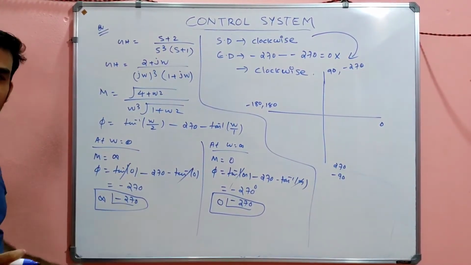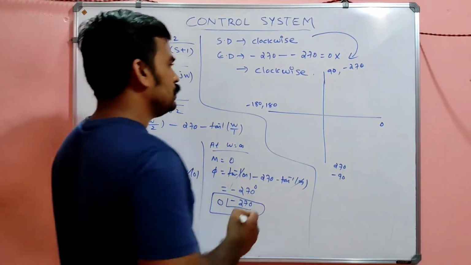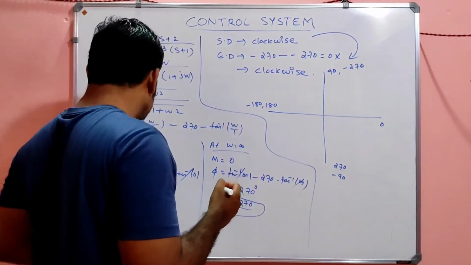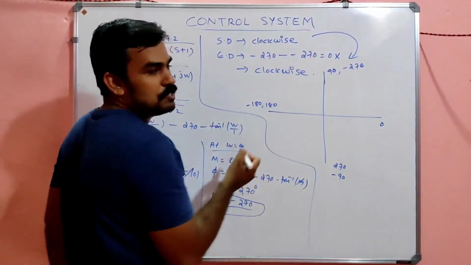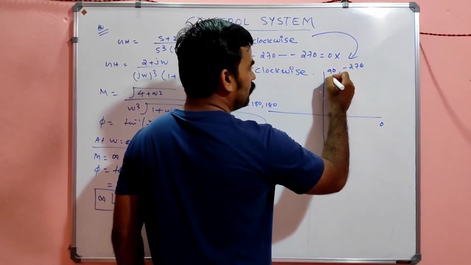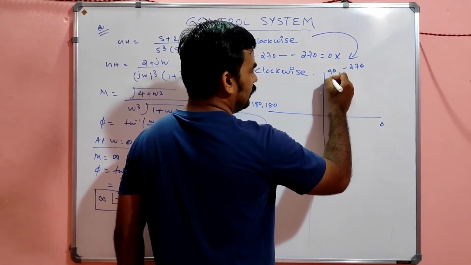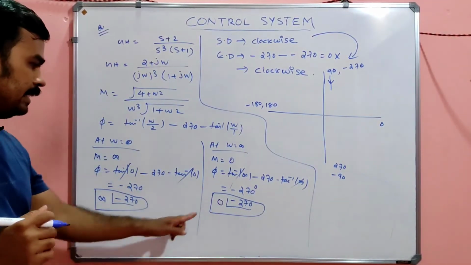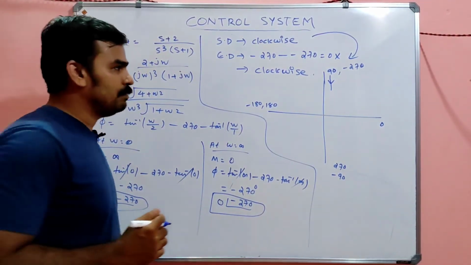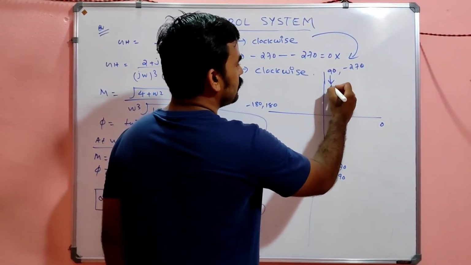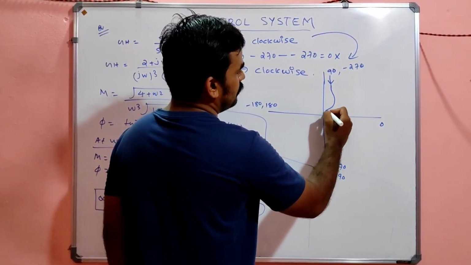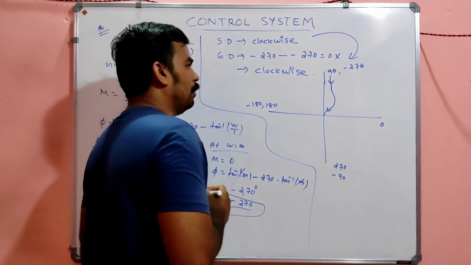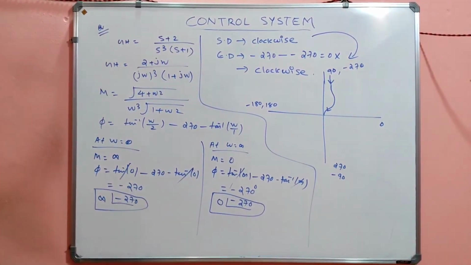Infinity angle minus 270 at omega equal to 0, that too in clockwise manner, my dears. Clockwise manner means you have to start from the right side. And the ending direction will be 0 angle minus 270, that too in clockwise. This will be the plot.